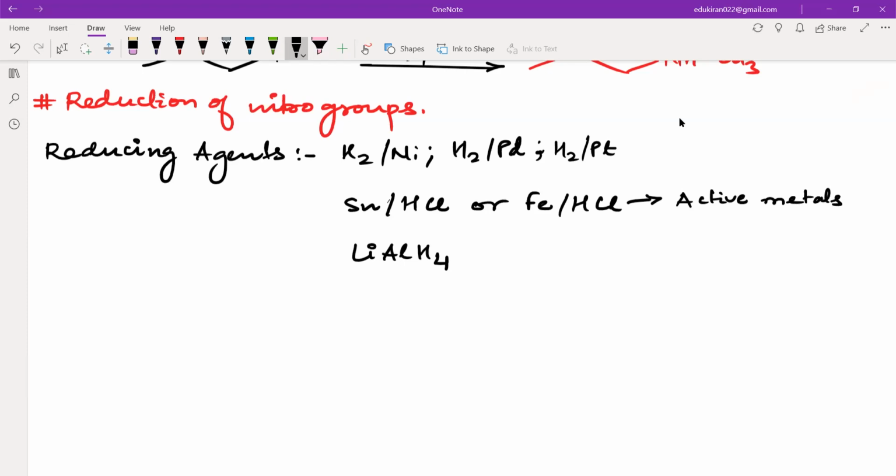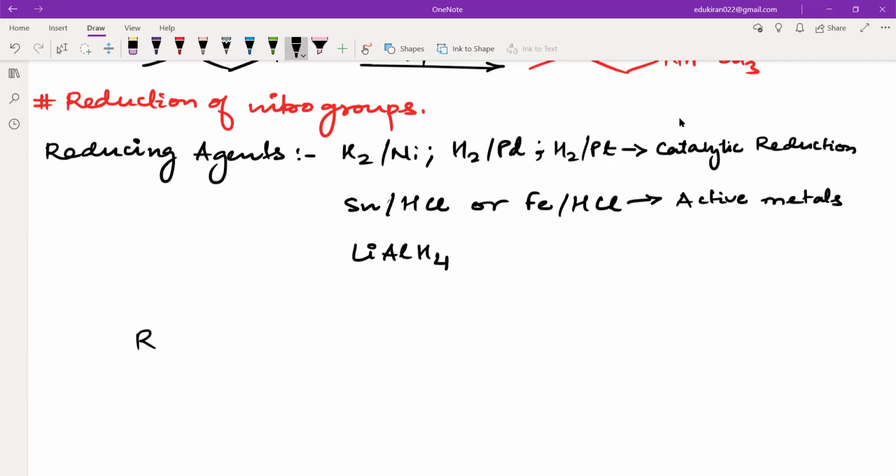The first one is known as catalytic reduction. In all of them, what are you going to get?